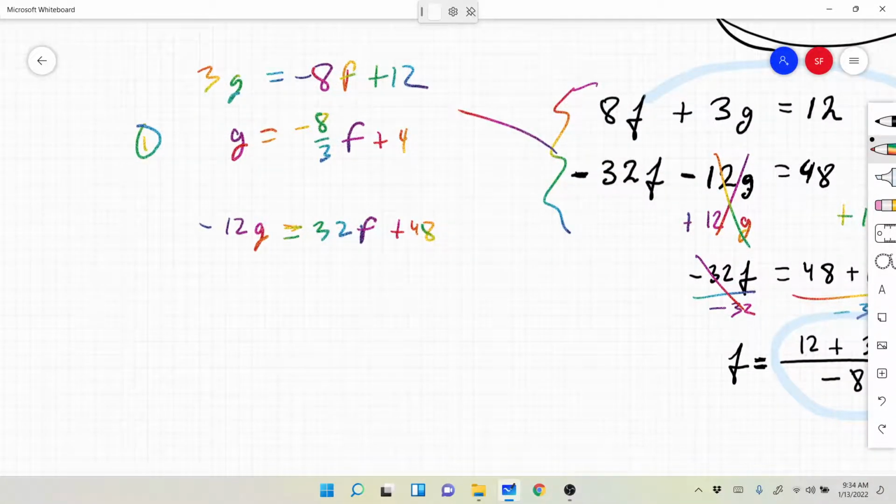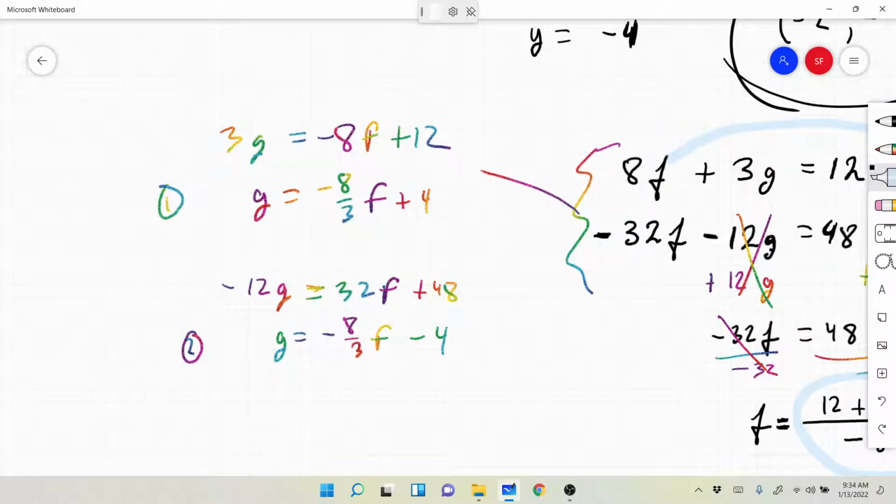And then we divide the 12 off, and we end up with g equals negative 8/3 f minus 4. That's for the second equation. Does everybody see what's happening? What do you notice about these two equations?